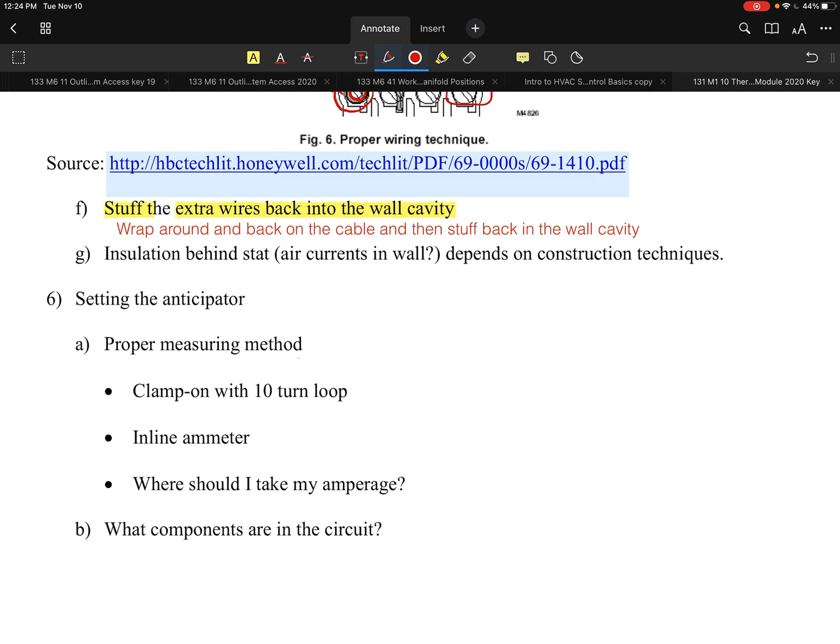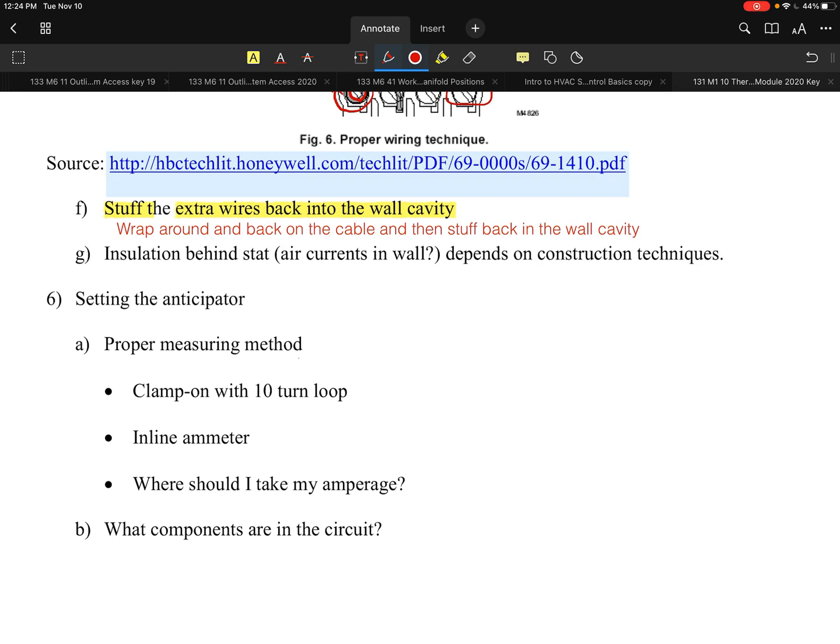It'll tend to migrate through, just due to temperature differences and air density differences. If your room is in a slight negative, it'll actually pull the air current into that hole where the wires go into the thermostat. And you've got to be really, really careful on that because it really will create a problem for you.